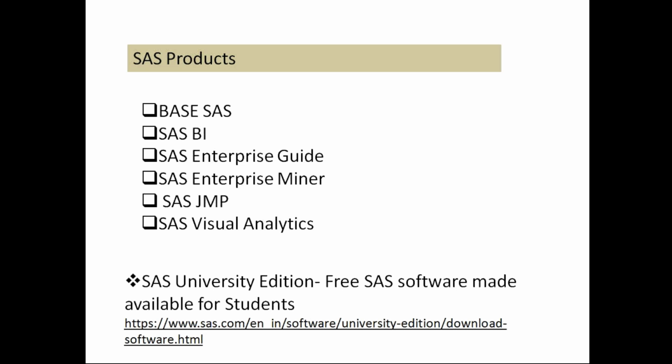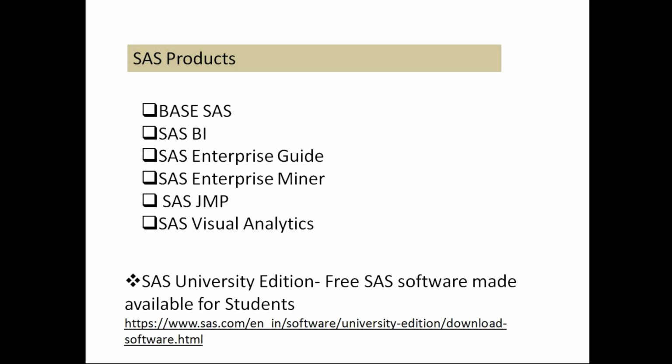Then we have SAS BI, which is basically business intelligence tools. For various kinds of purposes, they have different customized tools. And then we have SAS Enterprise Guide and SAS Enterprise Miner. To give you an idea, SAS Enterprise Miner is a tool which does not require much coding activity.